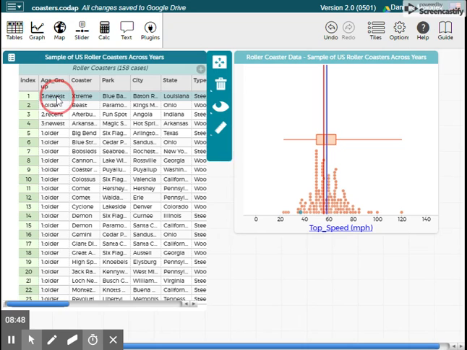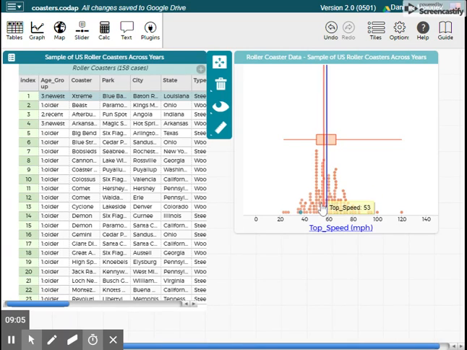Now if I select extreme, you can see that it falls right here in the lowest 25% of the data set, which means that it is not close to the measures of central tendency. But it's still within the range. It's not an outlier.